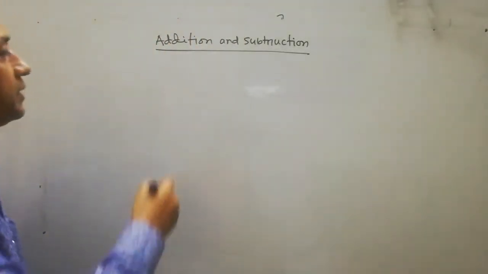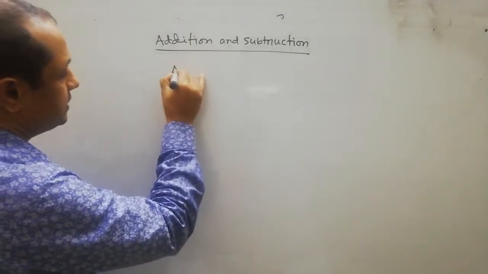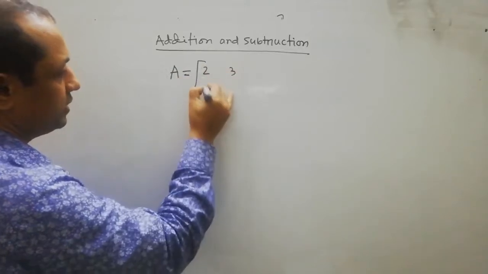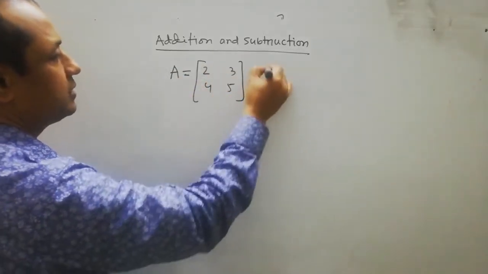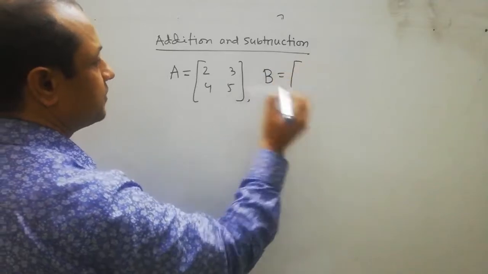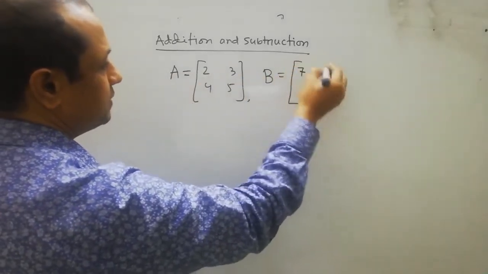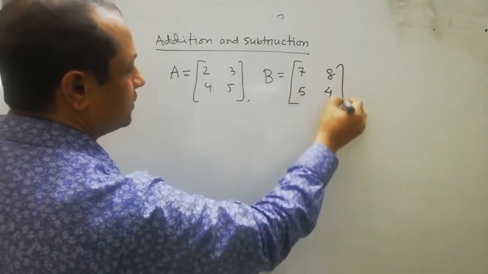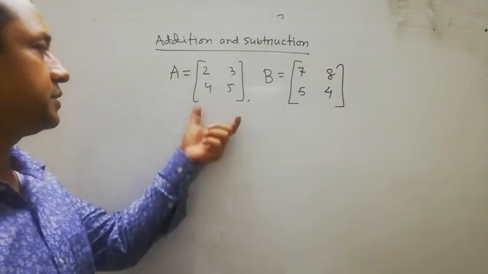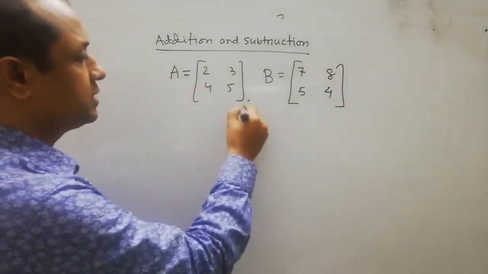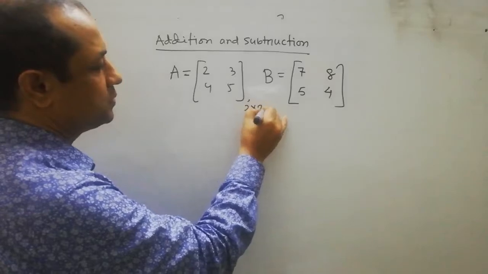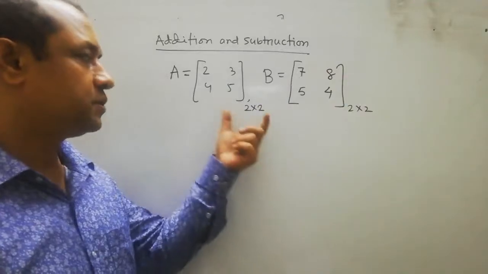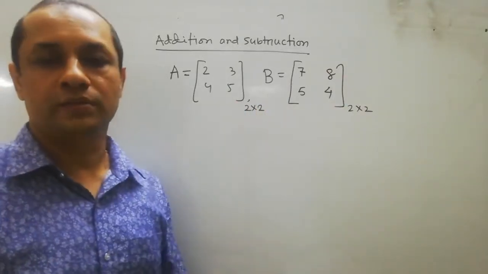For example, let matrix A be 2, 3, 4, 5, and another matrix B be 7, 8, 5, 4. Here it is a square matrix, 2 rows and 2 columns, so a 2 by 2 matrix, and B is also a 2 by 2 matrix. So A and B are of the same order.